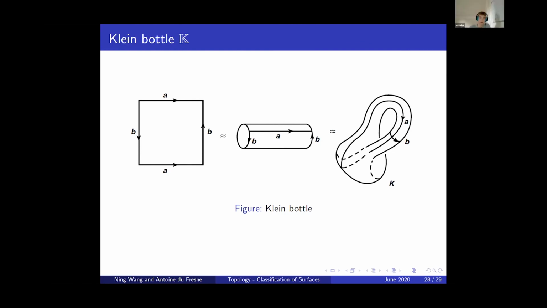And remark, here we have the same figure as the torus, but in the torus, those labels B did not have opposite exponents, so it was easy to stretch out and paste it in R3.